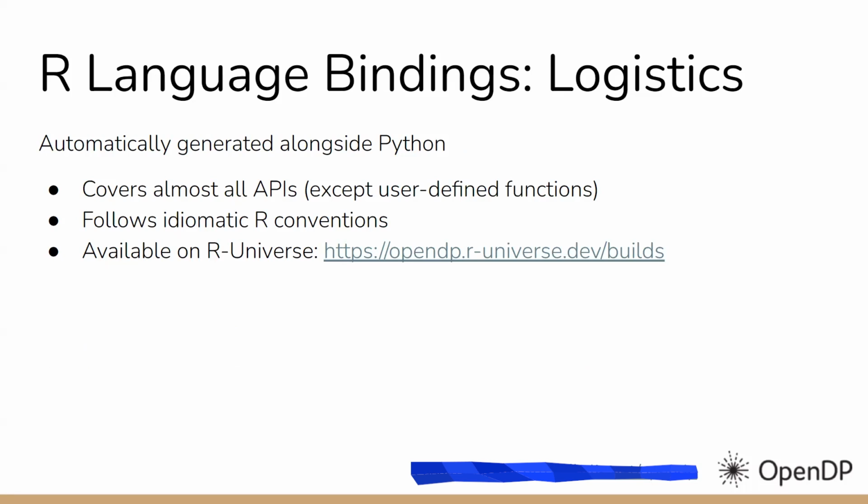It follows idiomatic R conventions. You might have noticed the pipes. It's nice that this time there's a language that's a bit more functionally oriented for our very functional framework API. It's available in our universe. You can install that package now and make DP releases with it.